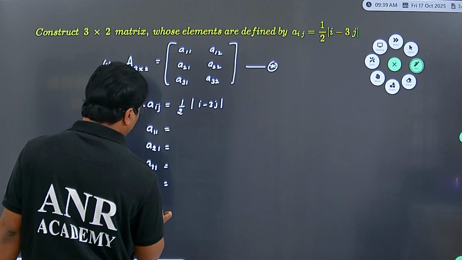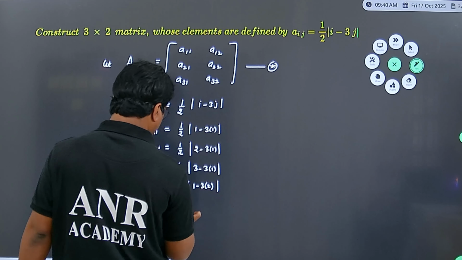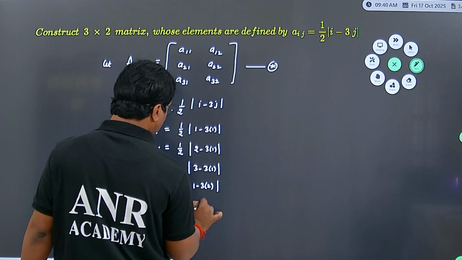This is half of modulus 1 minus 3 into 2, i value 1, j value 2. Then i value 2, j value 2. Next A32, i value 3, j value 2. Now simplify this, we get the values.